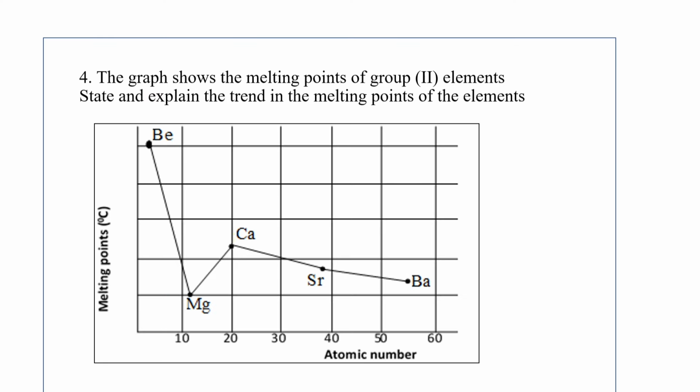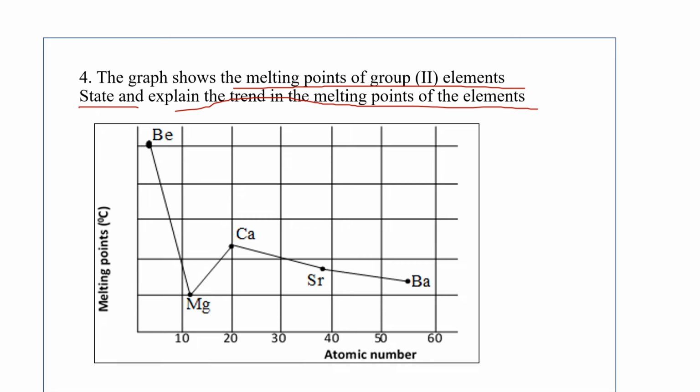Now let us look at question 4. Question 4 is under group 2 elements. The question says the graph shows the melting points of group 2 elements. State and explain the trend in the melting points of the elements.